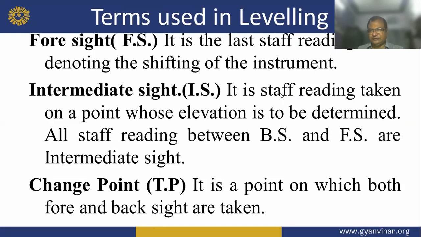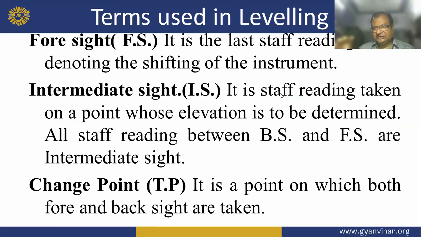Now foresight. When you are taking the first reading at the stop, that is the backside. And when you are finishing taking the level at the same point, that is the foresight.